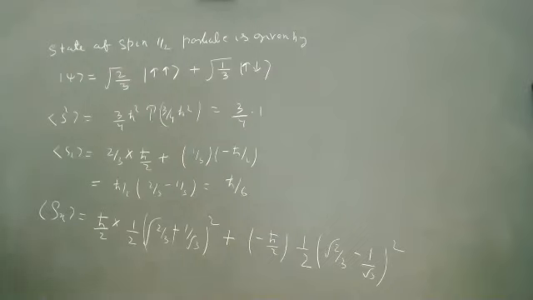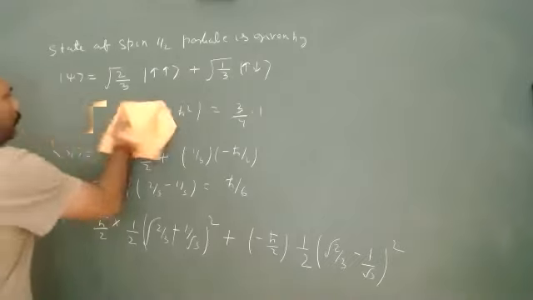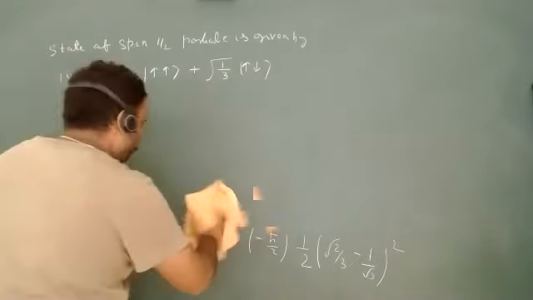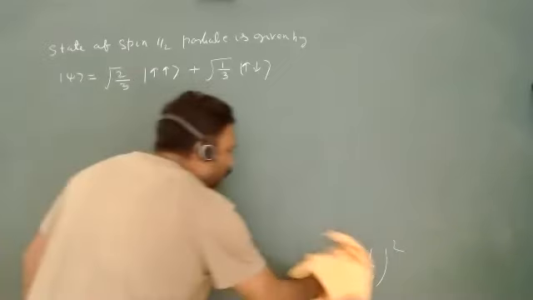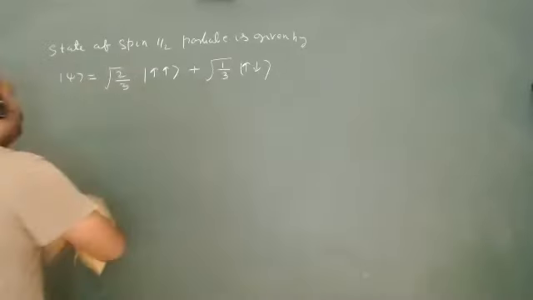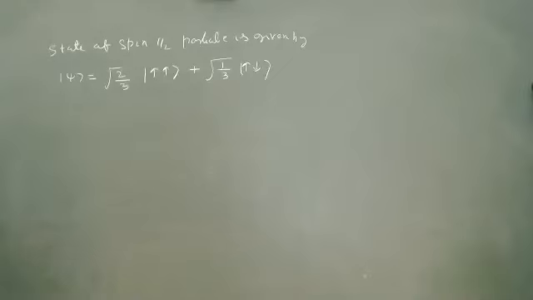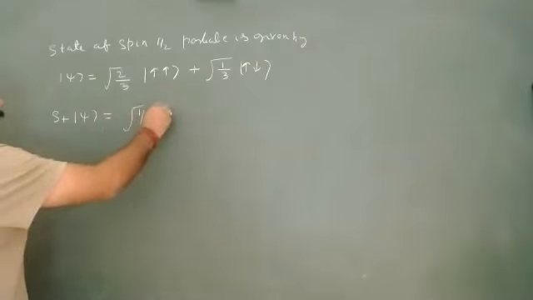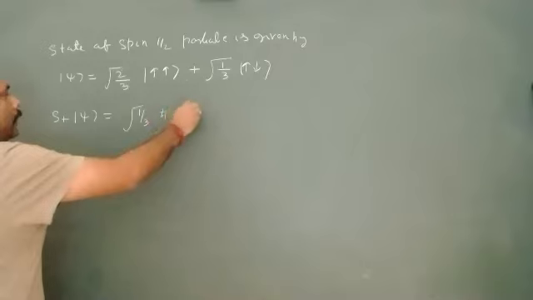S plus minus I. Very good. You will just go for S plus and S minus. Very good. So the other way of calculating the expectation value of Sx, you can find S plus psi. What will be S plus psi? This will be 0. It will go to 1/3 ħ up and up.